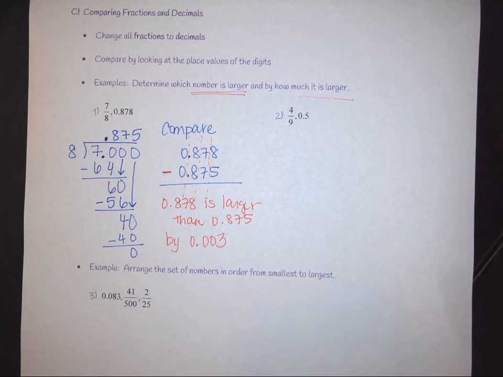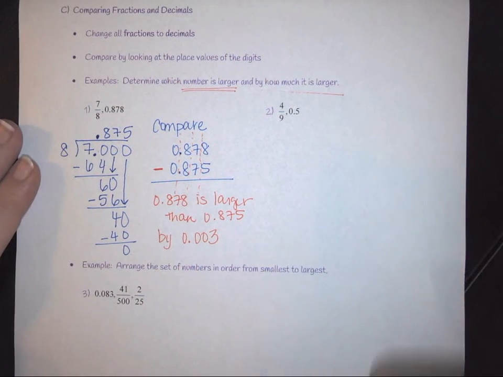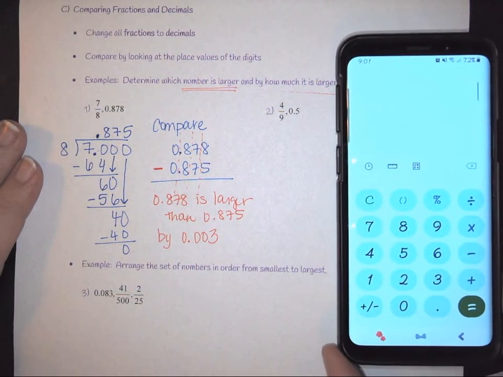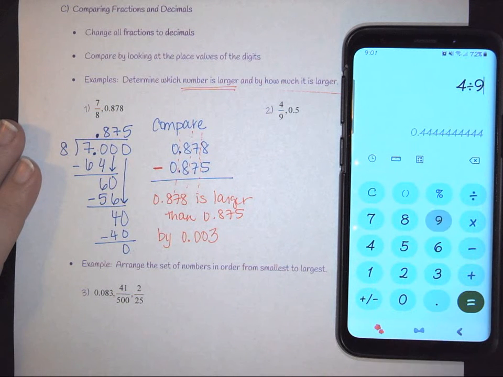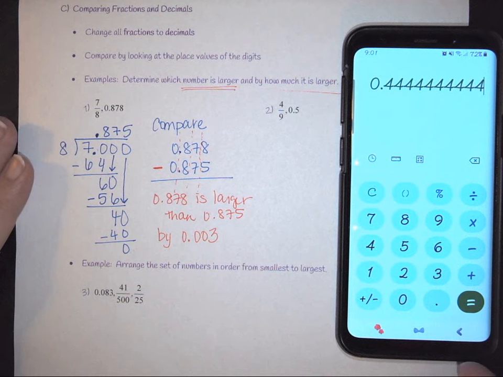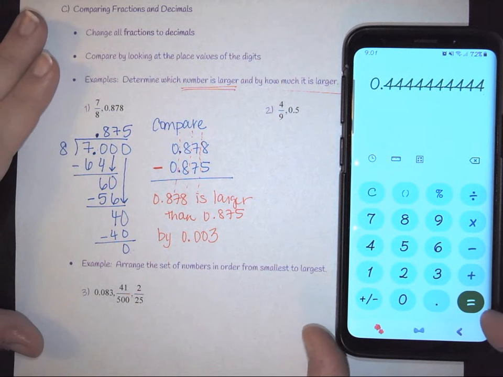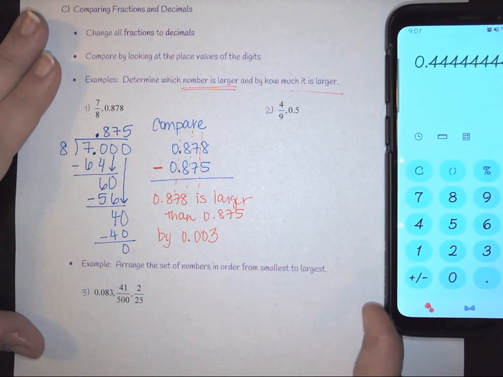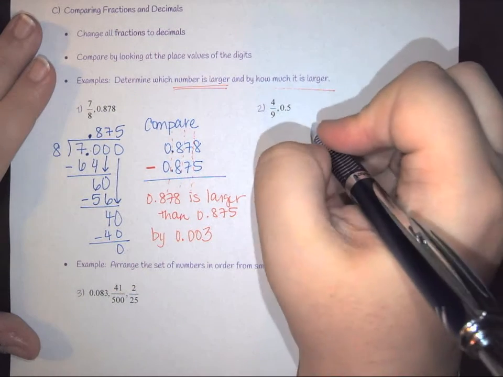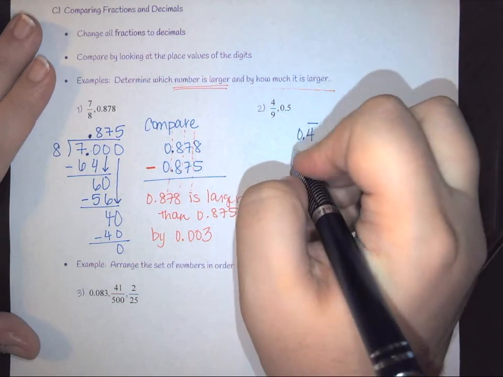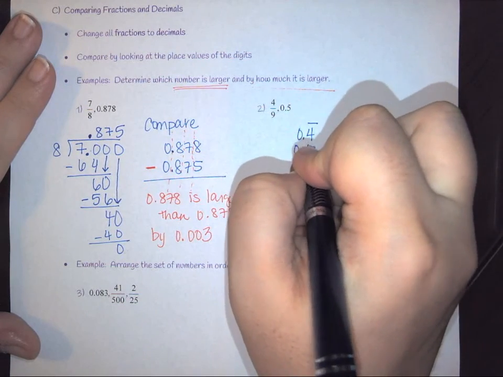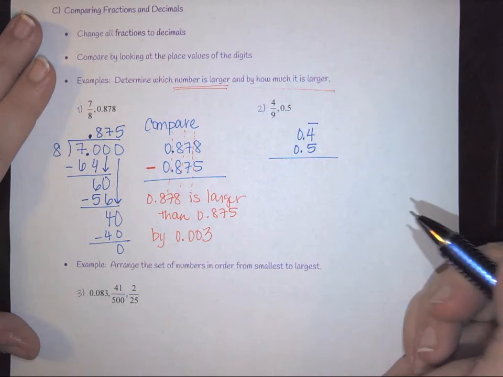Now let's look at it again. If we did not want to do long division, we would simply do 4 divided by 9 on your 4-function calculator. And notice that gives you 0.4444 repeating. Okay. So here, again, we would have to set up our comparisons. So we have 0.4 repeating and 0.5. So here we're comparing.